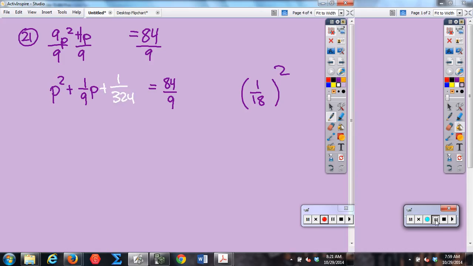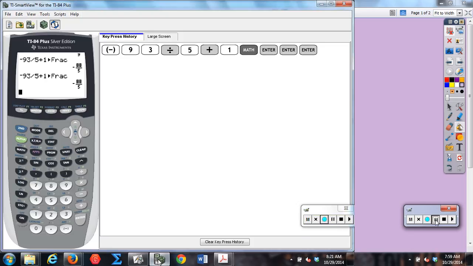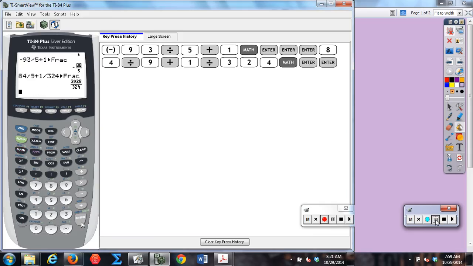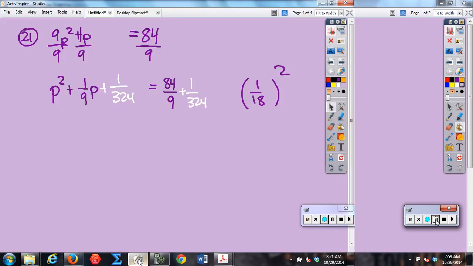Okay, so 84 plus 1 over 324 is 3025 over 324. And that's exactly it. These are ugly. These are really ugly ones. Good, at least you had lots of practice on the other ones first.